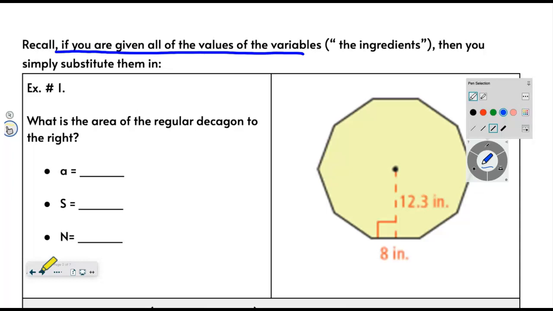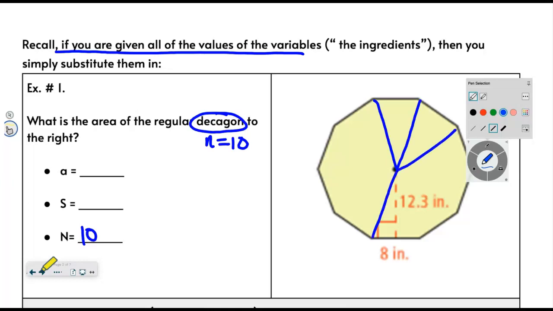And so this one over here says we've got a regular decagon. I can count the sides, but I know deca means 10. So they're telling me the N, or giving me that ingredient. The apothem is the height of one of the triangles made. Now there's going to be 10 of them made in here, but I'm going to focus on this one that I call front and center because that's where the information is.